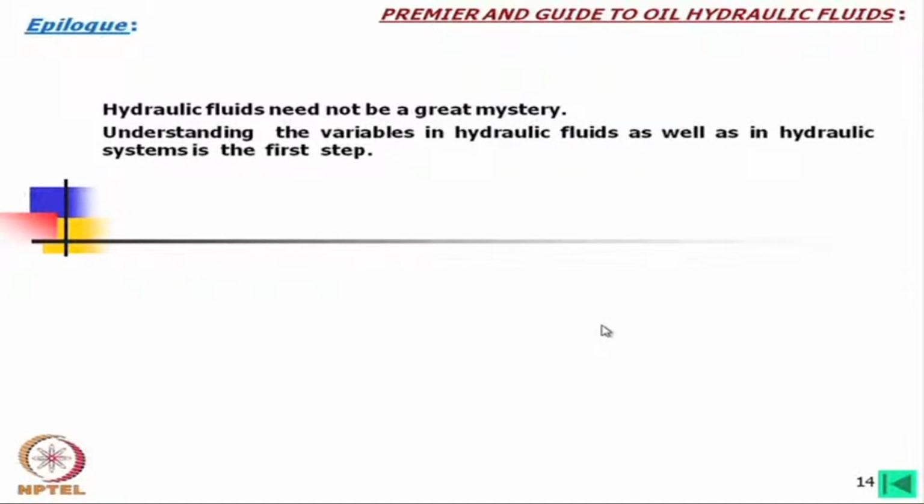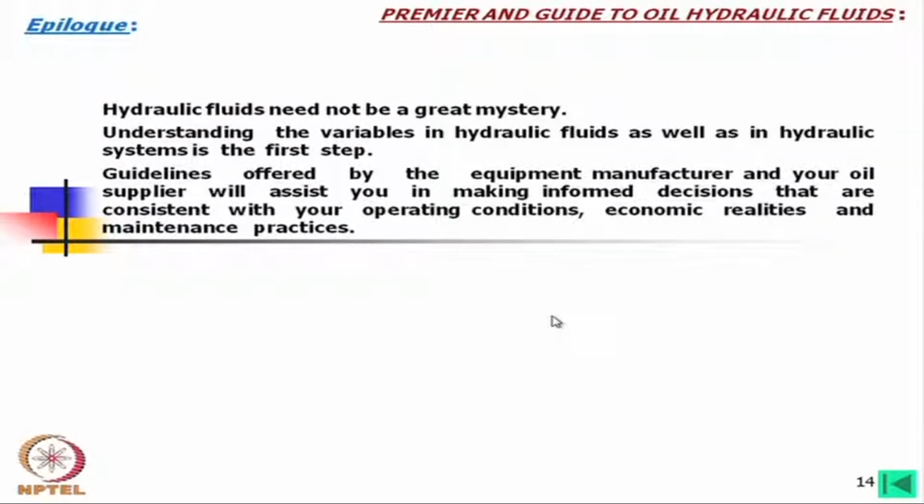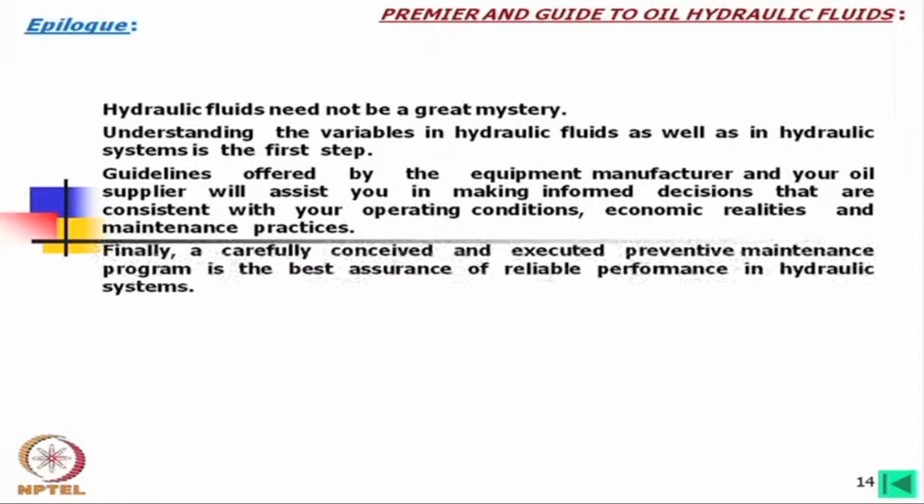Understanding the variables in hydraulic fluids as well as in hydraulic systems is the first step. The guidelines offered by the equipment manufacturers and your oil supplier will assist you in making informed decisions that are consistent with your operating conditions, economic realities and maintenance practices.